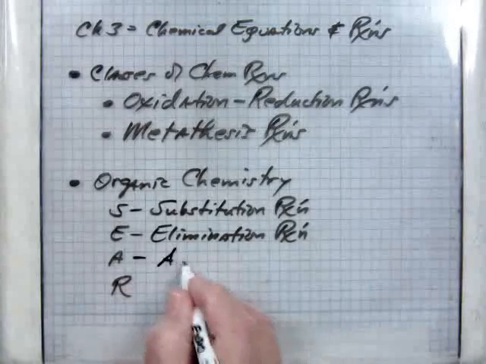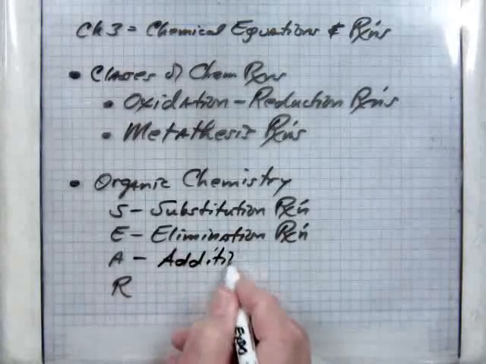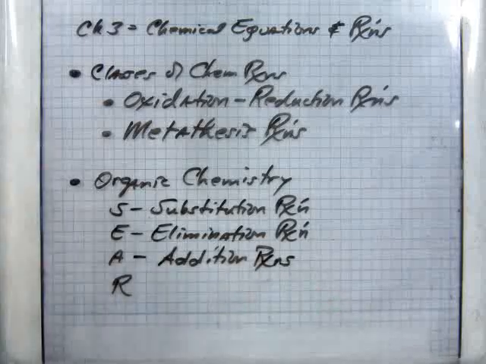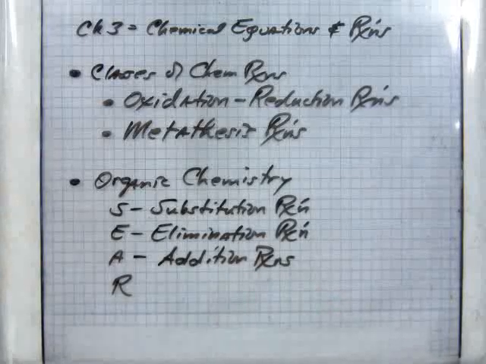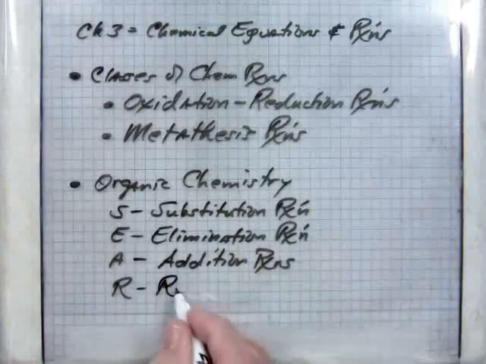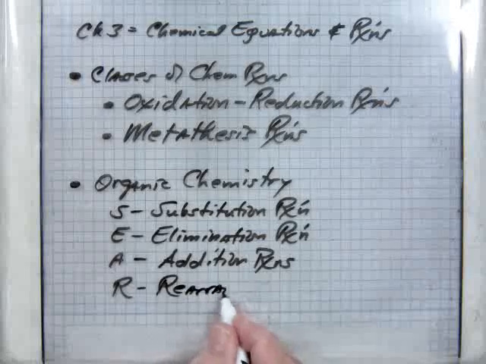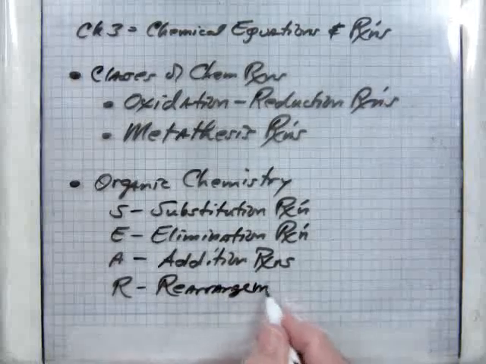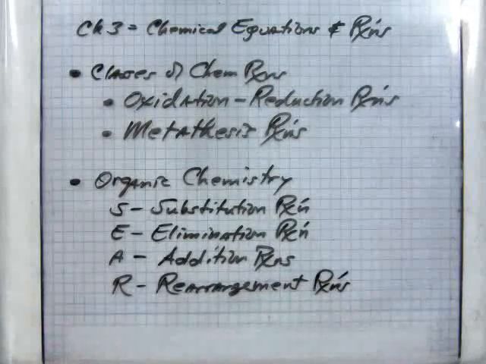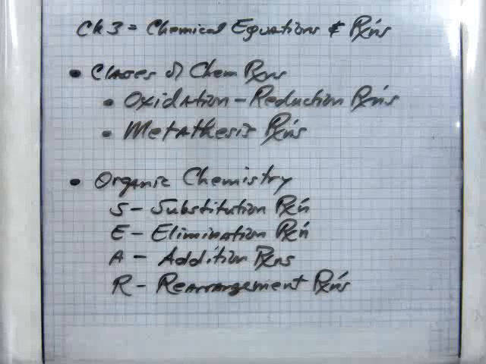Addition reactions, in which a new part hooks onto a molecule, and rearrangement reactions. Rearrangements occur to achieve a more stable condition for the molecule. So parts of the molecule may shift to a different carbon or something of that nature.